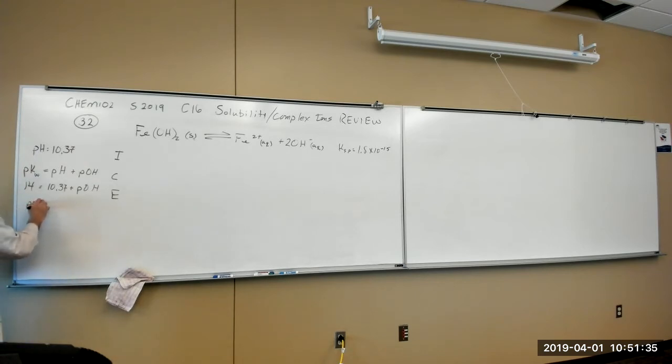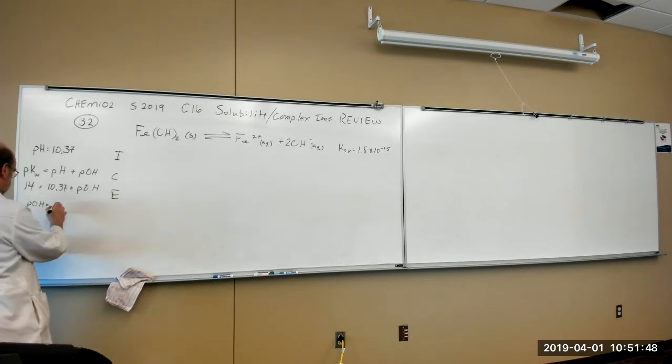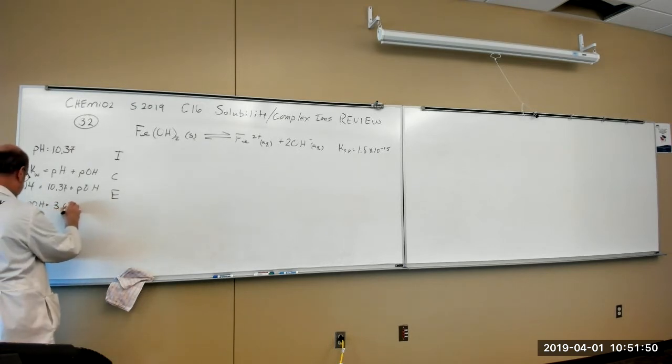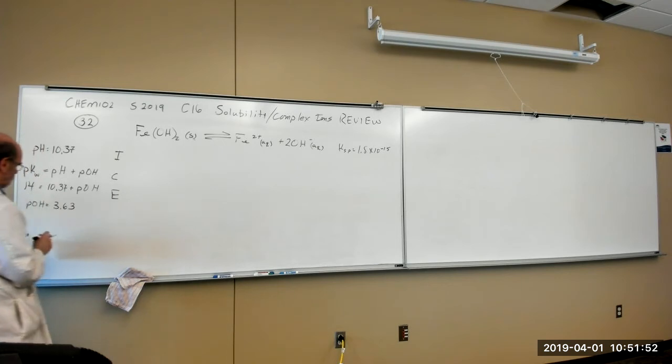So the pOH is equal to, let me just put it in my calculator because I'm going to need the calculation anyway. 14 minus 10.37 is 3.63. Okay. So we have our pOH.